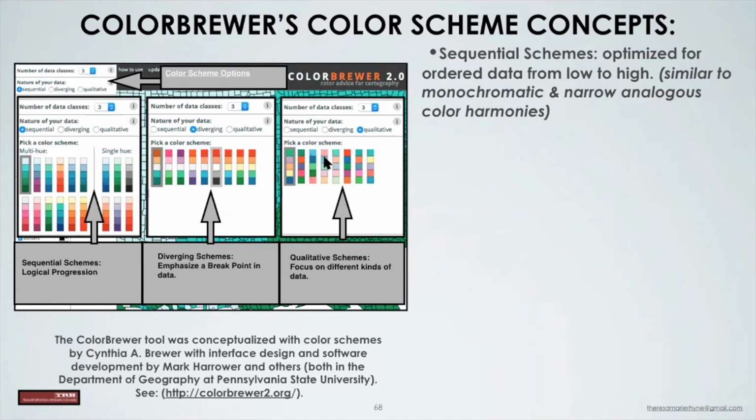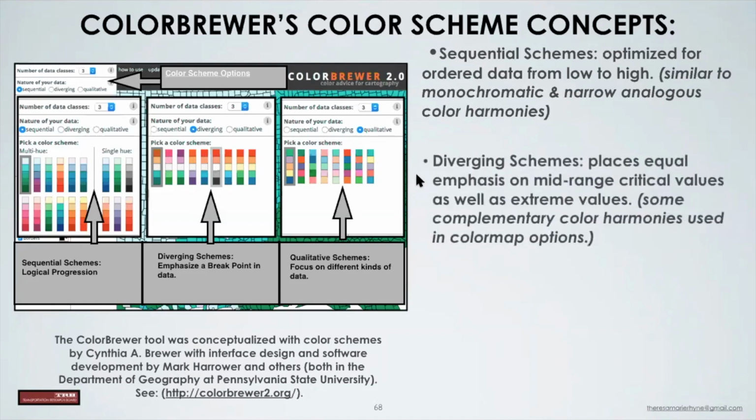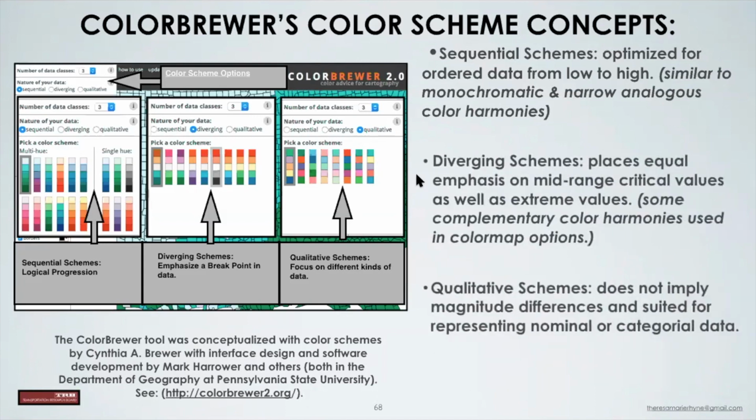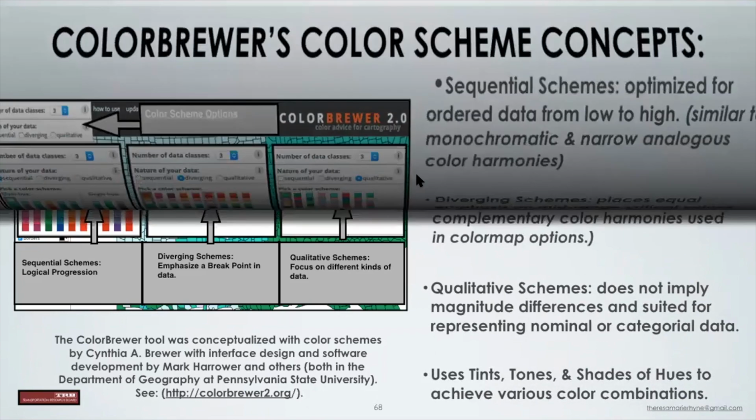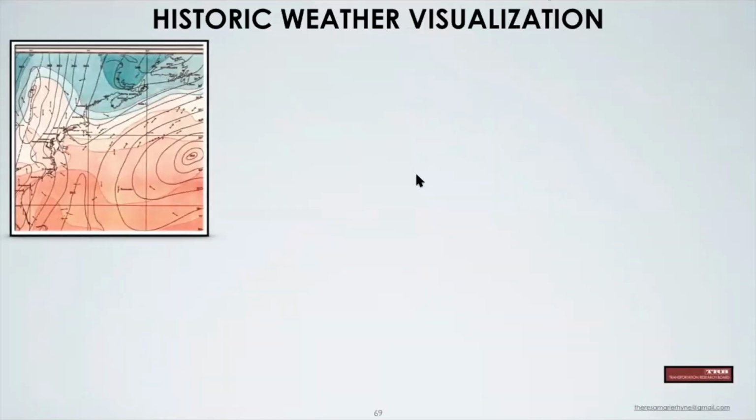If you ever have to put a whole bunch of colors together, but there's no meaning with regards to progressing over time or the values changing, the data changing, this is a good tool to use. Cynthia Brewer is awesome, and you'll find that her whole PhD work was based on what became ColorBrewer. So you can't go wrong using it if that's the easy way you'd like to do it.